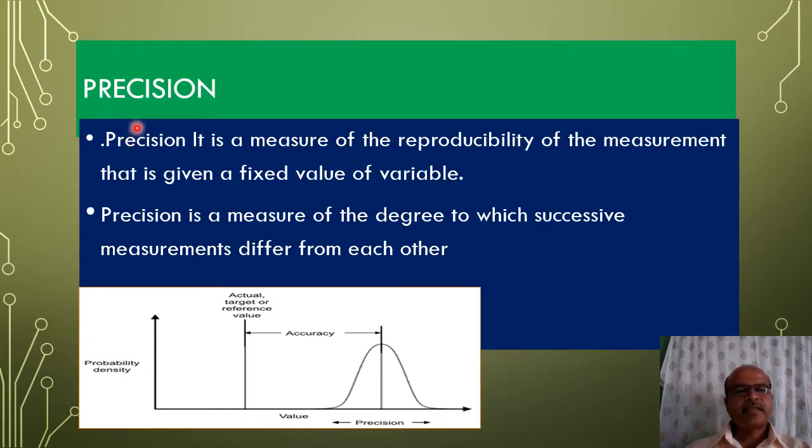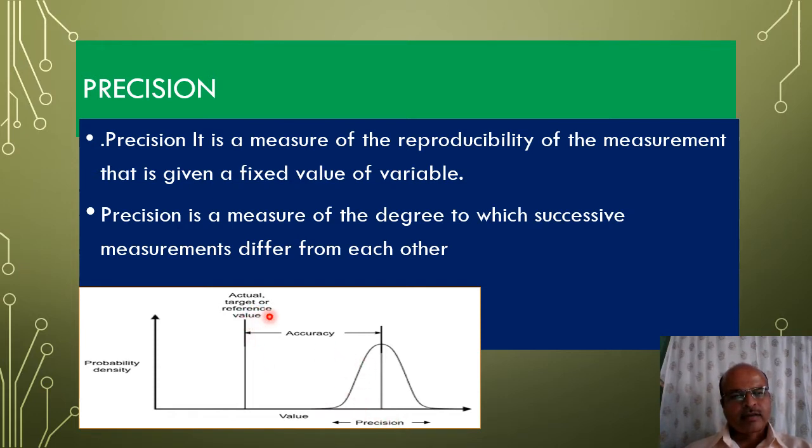Then next is precision. Precision is a measure of the reproducibility of the measurement, that is, given a fixed value of a variable. Precision is a measure of the degree to which successive measurements differ from each other. So this is the accuracy and precision curve as shown in this figure.